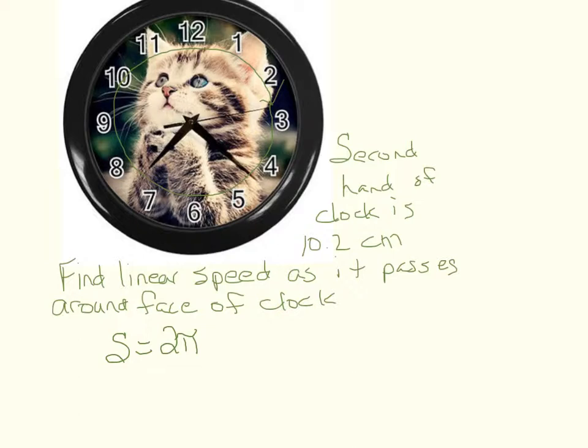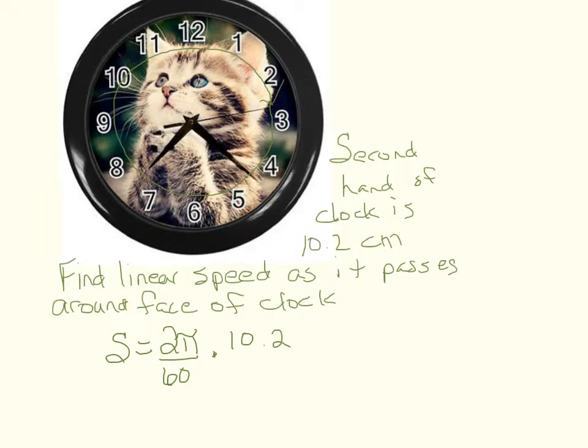No, the second hand. It takes 60 seconds for it to go all the way around, doesn't it? So if it's speed, it's 2 pi over 60 seconds times the radius.